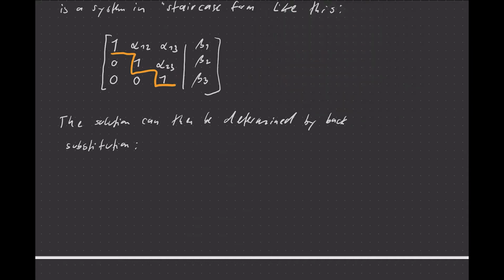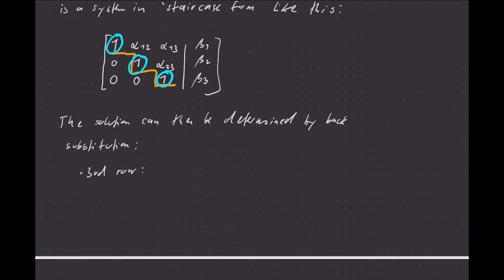And you'll notice we'll have these 1s here, standing right on the stairs. So the idea of this back substitution is to start from the very last row and the very last column. So you start in the 3rd row, in this case.